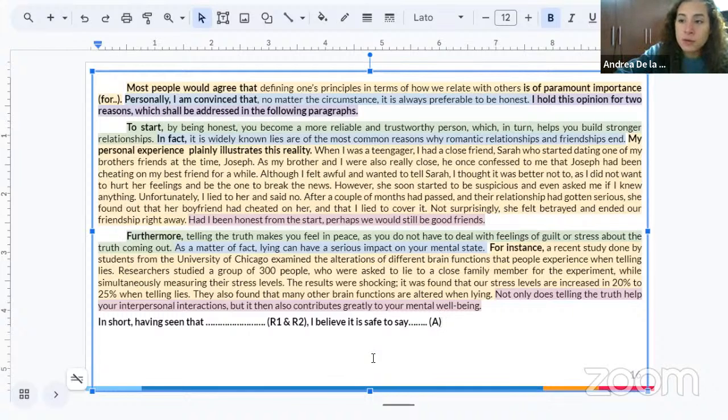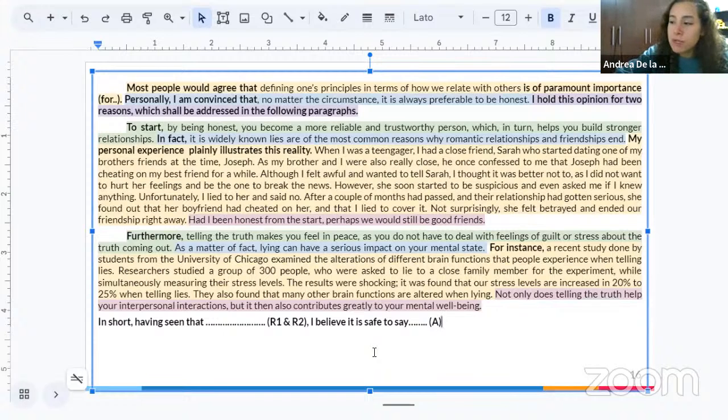You can either give a personal experience as an example or talk about a fact. Now, it's completely up to you, whichever you feel more comfortable with, you can go for that one. Ideally, it would be great if you could combine them the way that I'm doing, right? So use one personal experience and another fact for the evidence. But technically speaking, it's up to you guys.